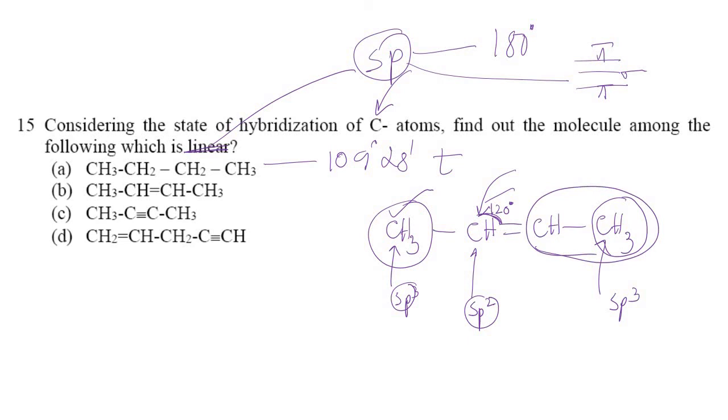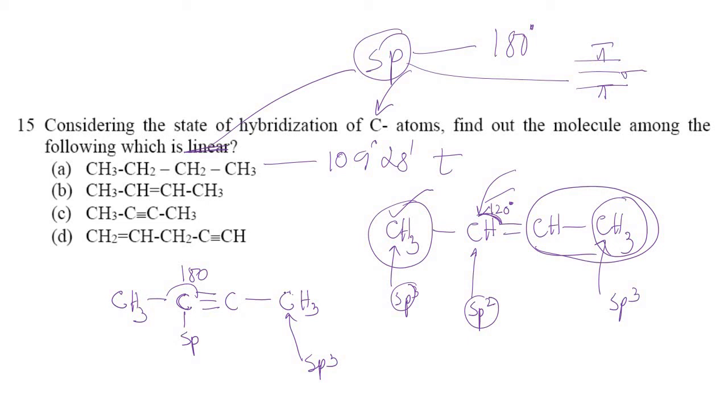And if you see the third option, if I write it as CH3, then C triple bond C, followed by CH3. If you clearly see, here the carbon is sp hybridized, which means the bond angle is 180 degrees. Now don't ask me, sir, what about this carbon which is sp3, and how can you say the molecule is linear?